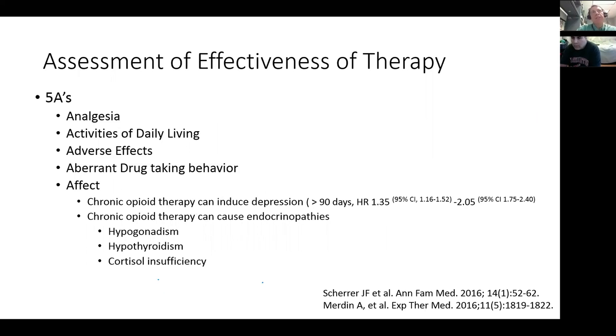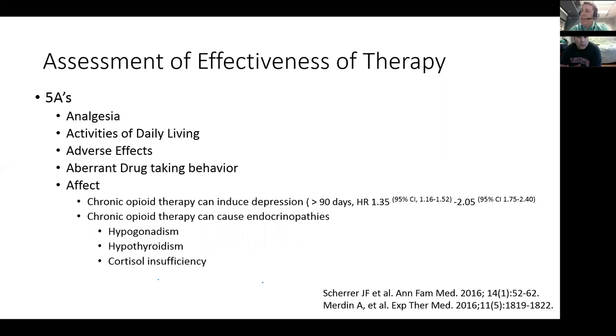So I do think that the 5 A's are extremely important for us to assess each and every time. The PAD tool uses the top 4. I think we need to make sure that we integrate affect as the 5th A. And again, remembering that chronic opioid therapy can itself induce depression, and that after greater than 90 days, the hazard ratio is anywhere from 1.3 to 2.05.